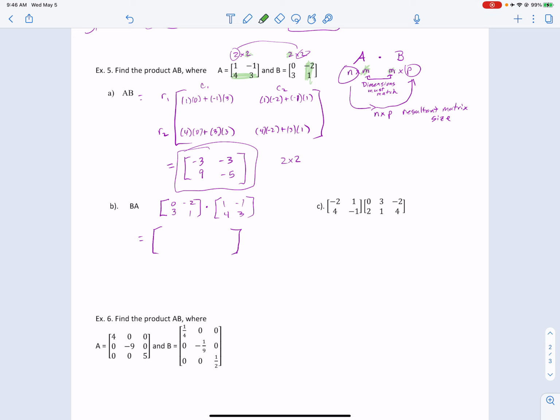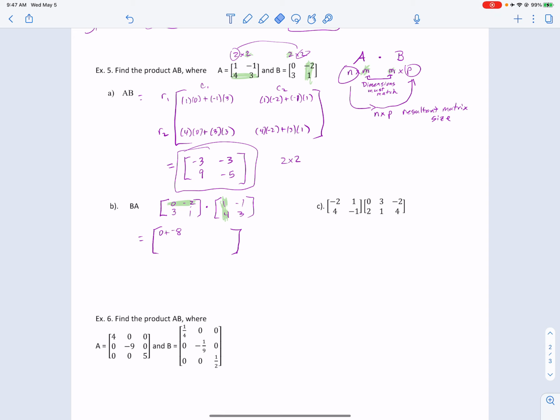You are taking this row, and we're going to go times this column and multiply corresponding elements. So 0 times 1 is 0, plus negative 2 times 4 is negative 8. And I want to see that work.